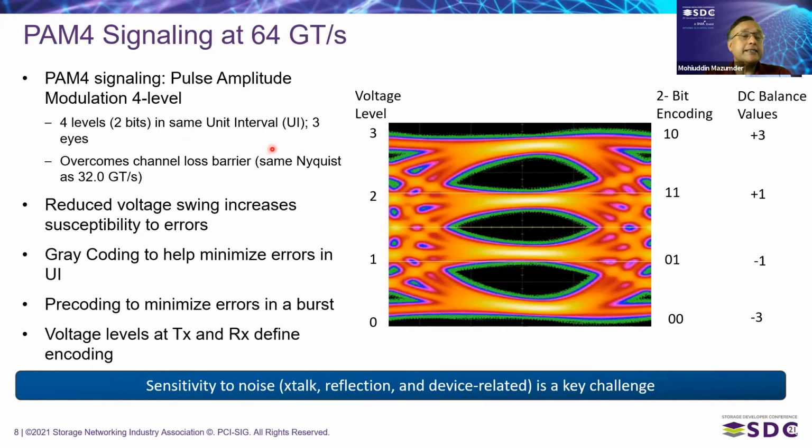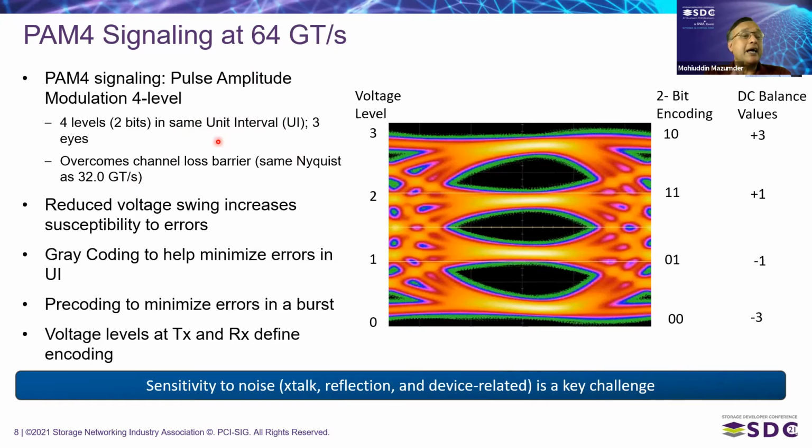Why is that necessary? At 32 gigatransfer per second in PCIe 5.0, we support pad-to-pad loss of 36 dB at 16 gigahertz. If we try to go to 64 gigatransfer per second NRZ binary signaling, then that loss becomes more than 70 dB for the same channels.